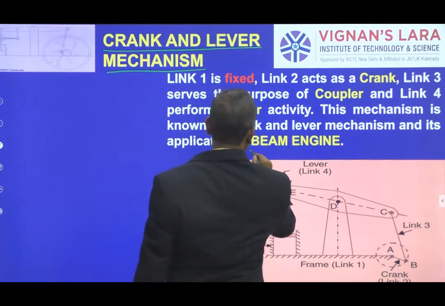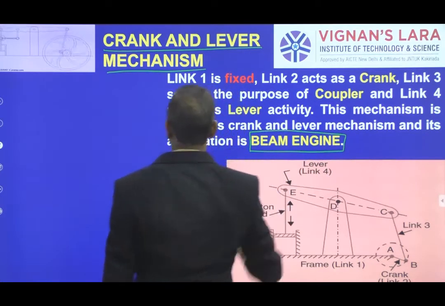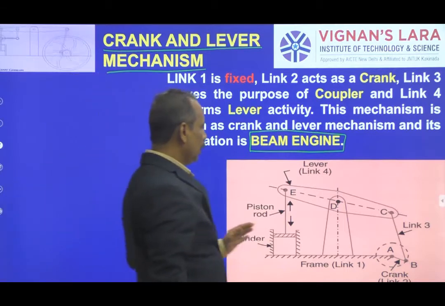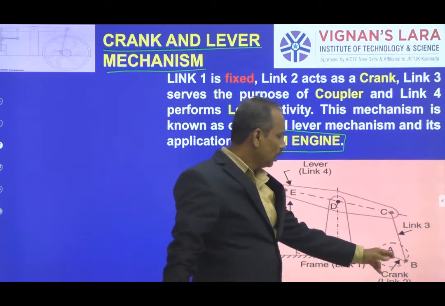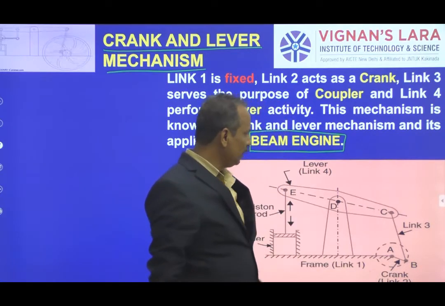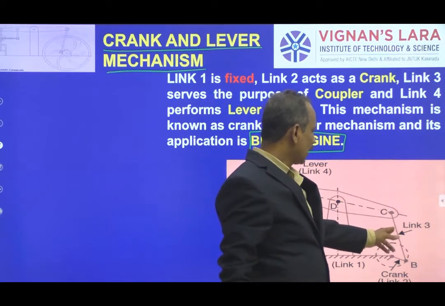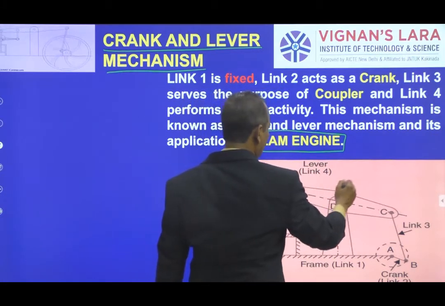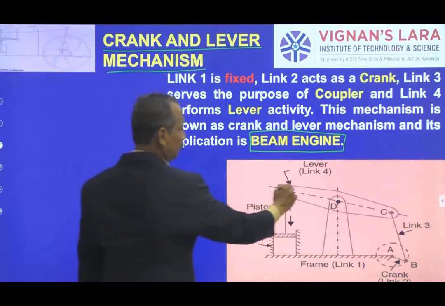An example for this is a beam engine. Here link 1 is fixed, then input is given at link 2, which is revolving, then link 3 is connecting to the output, and link 4 is a lever, which is oscillating.